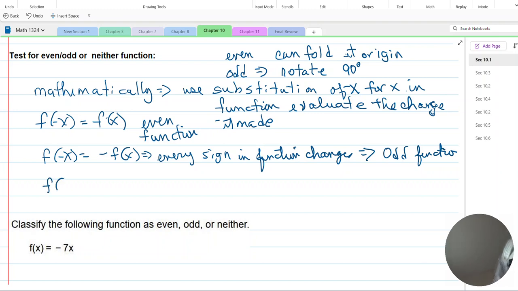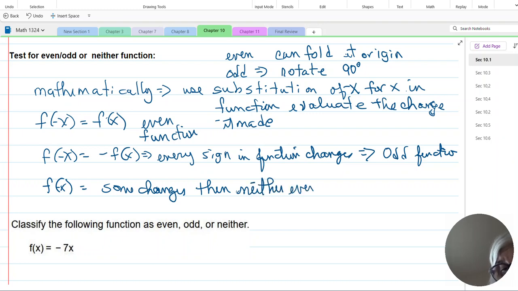We have f of negative x, and there are some changes. It's neither. Okay. And that occurs sometimes in some of the functions that we do.